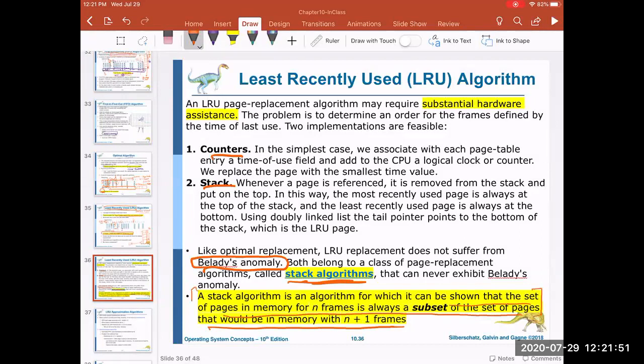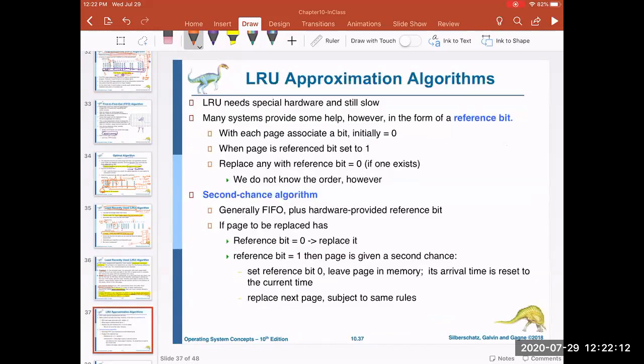This is the definition, but stack algorithms are the ones which do not suffer from Belady's anomaly. As we increase the frames, there should not be an increase in the number of page faults. It should actually reduce.